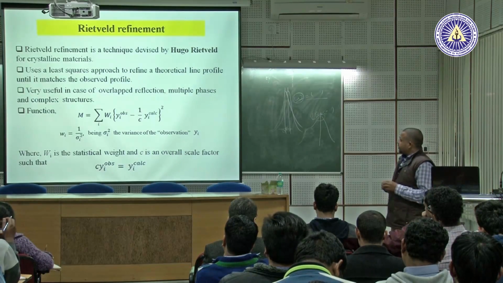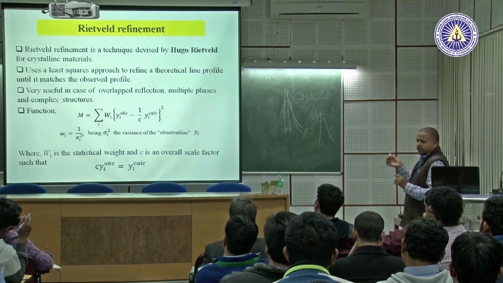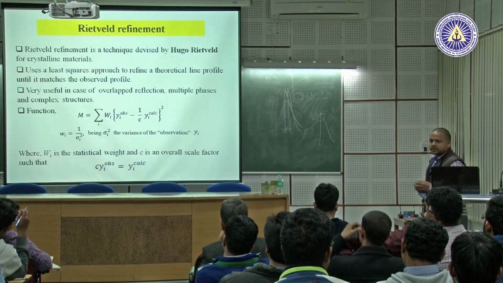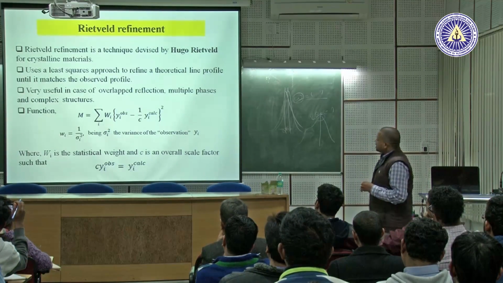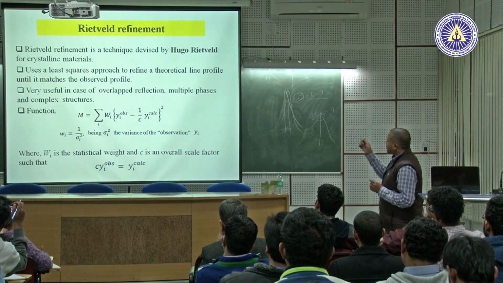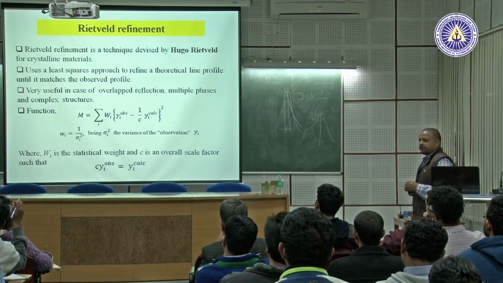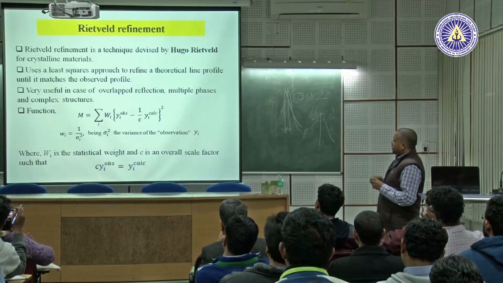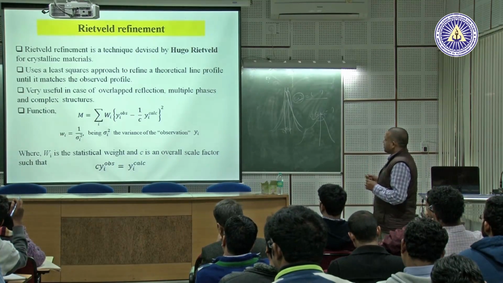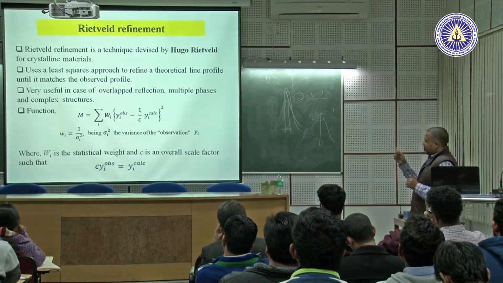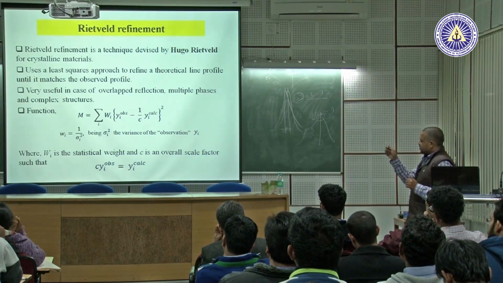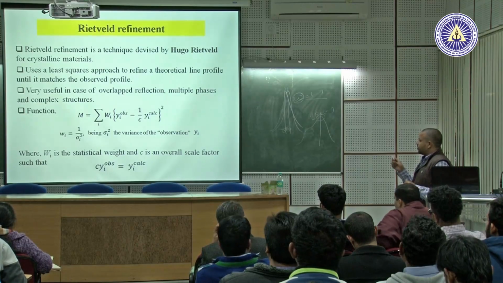In Rietveld refinement, most of the information you have already collected from Professor Ashish K. I will just say that Rietveld refinement was devised by Hugo Rietveld for crystalline materials, and a least squares approach is used to minimize the function M, the summation over i of Wi times (yi observed minus yi calculated) squared.